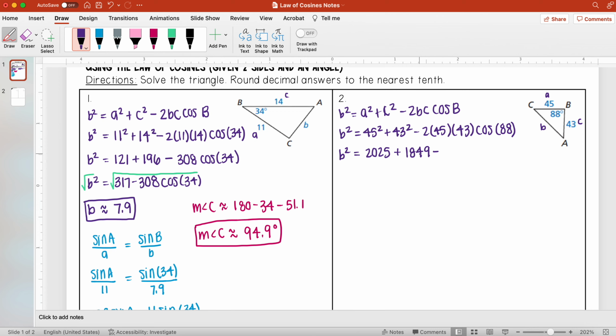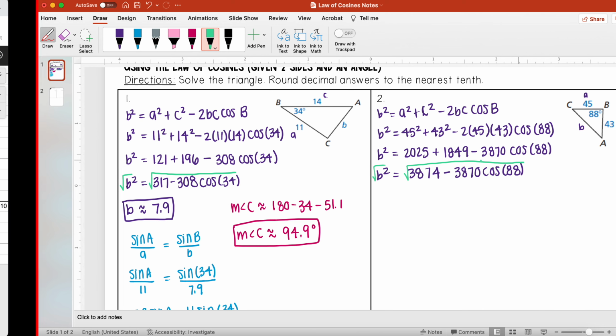Minus 2 times 45 times 43, and I get 3870. Cosine of 88. And then 2025 plus 1849, I get 3874. So I have b squared is equal to 3874 minus 3870 cosine of 88. And now I can take the square root of both sides.